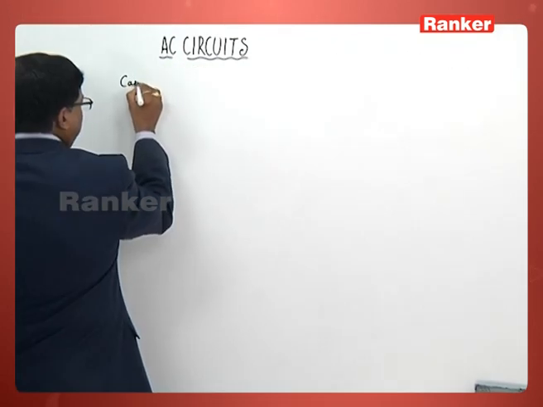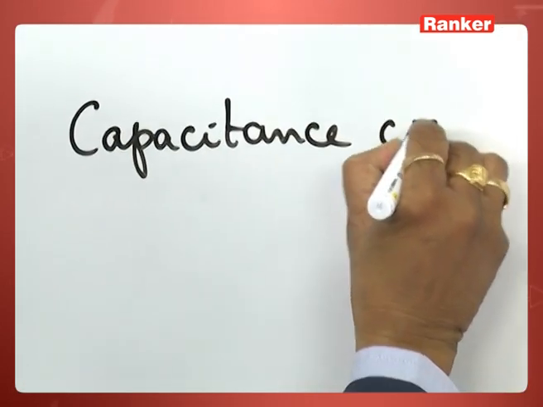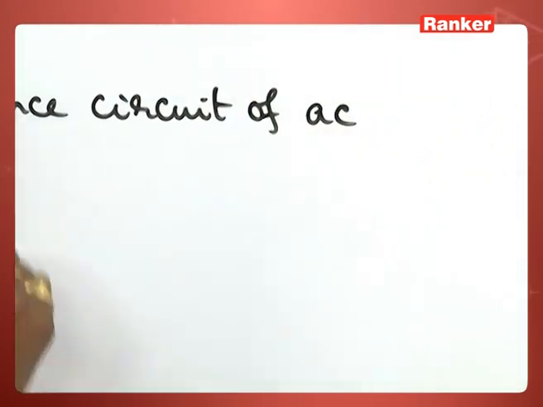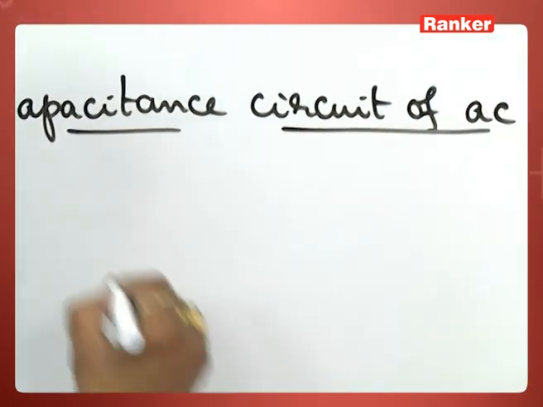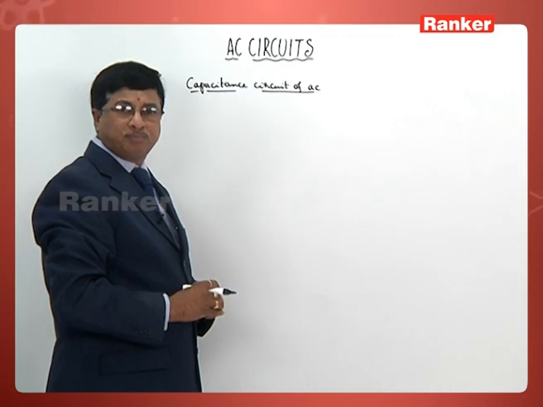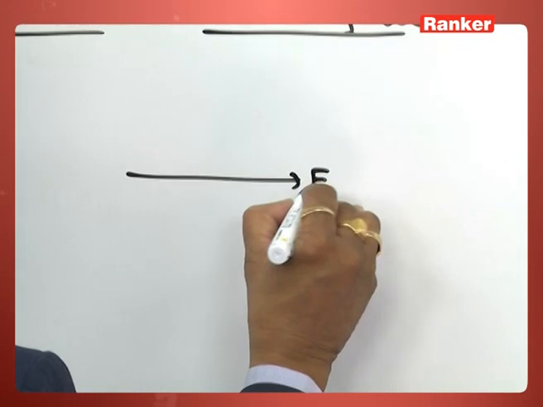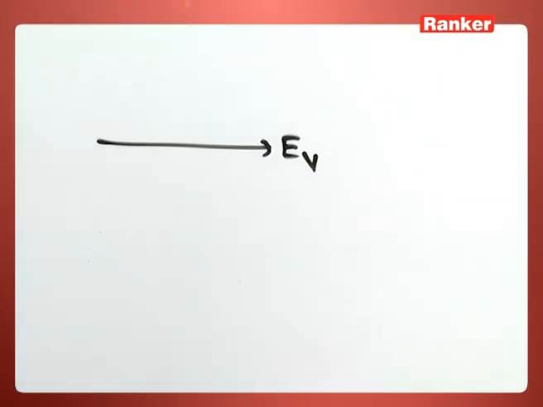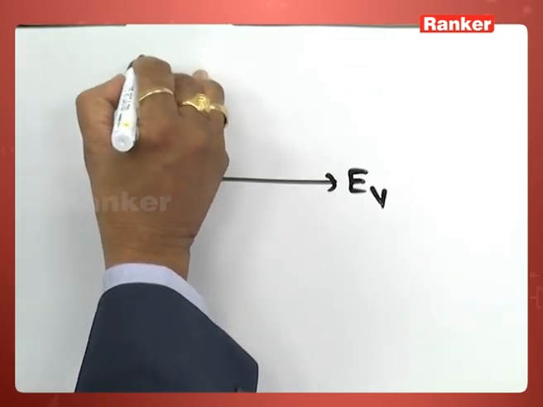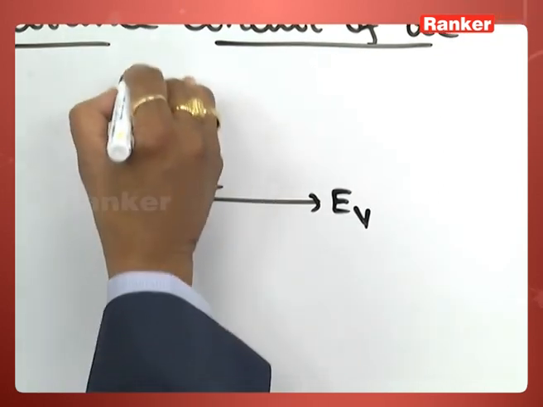Let us consider the capacitance circuit of AC. In the case of only a capacitance connected across an AC source, if this is the direction of virtual EMF, current leads this value by 90 degrees, that is pi by 2 radian.